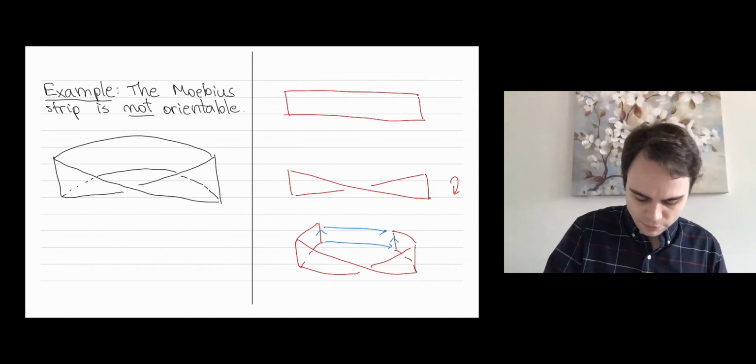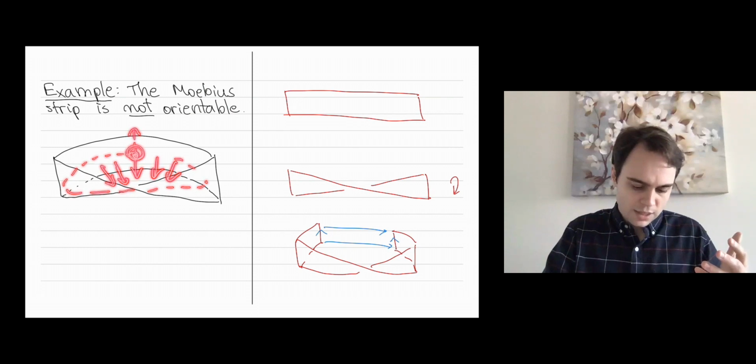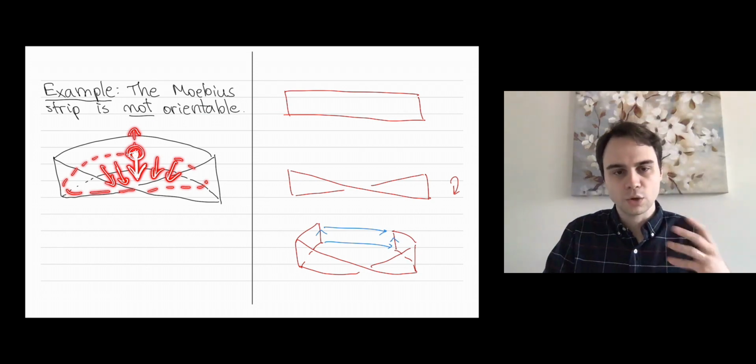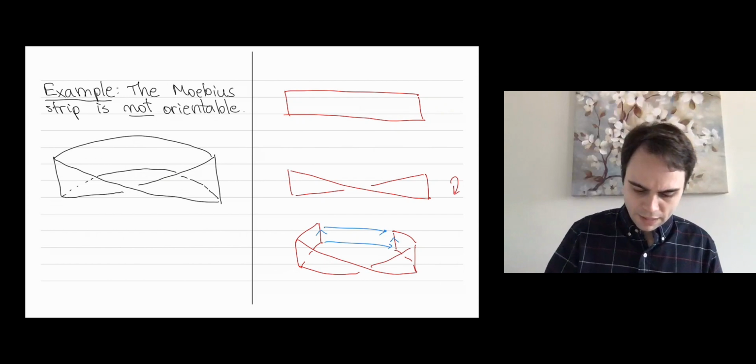I would get into difficulties if I wanted to do a continuous choice of normal vectors, because at some point I would come back, and the continuity would contradict my choice. It would say that the normal has to be this, but also has to be the other one. So we would be in bad shape.